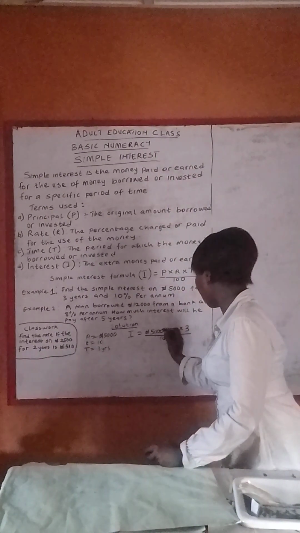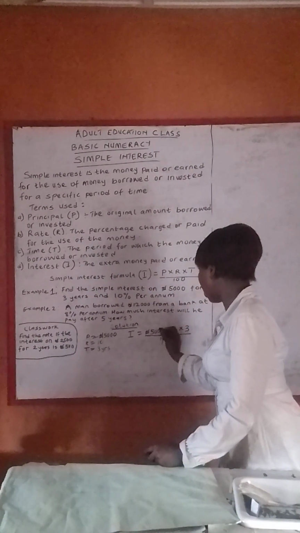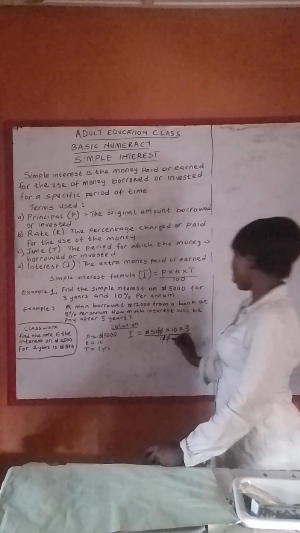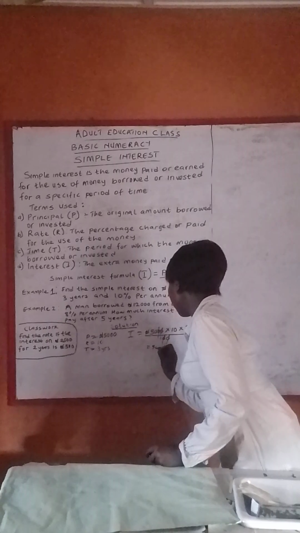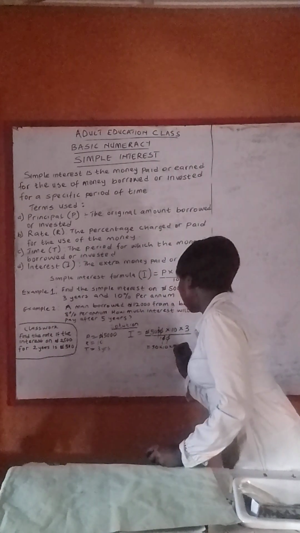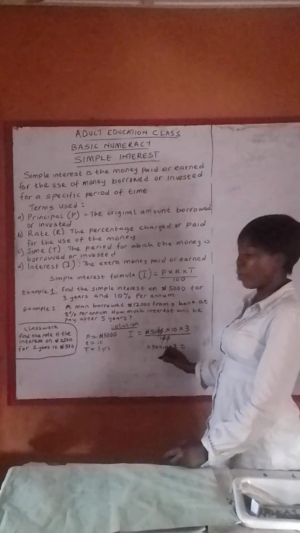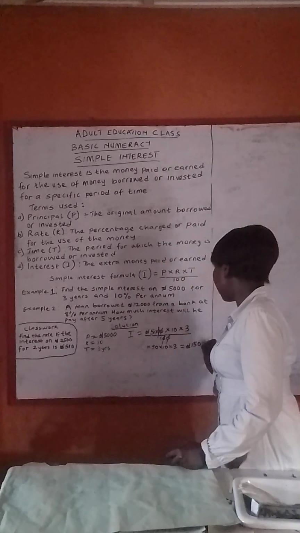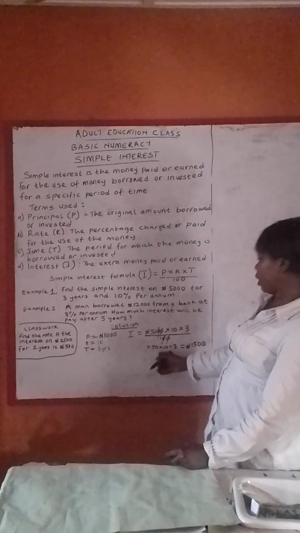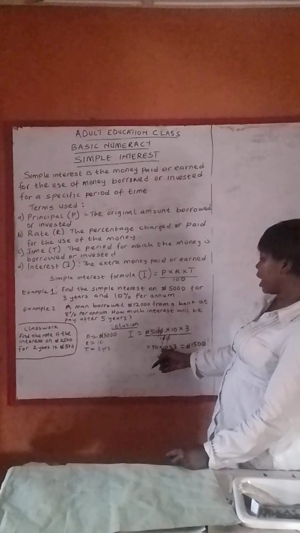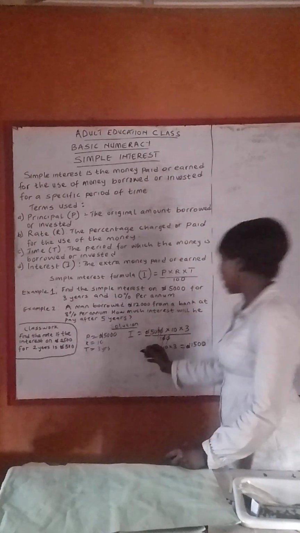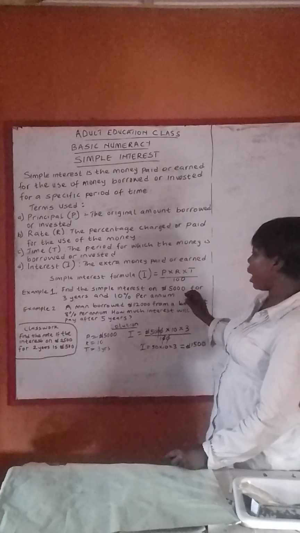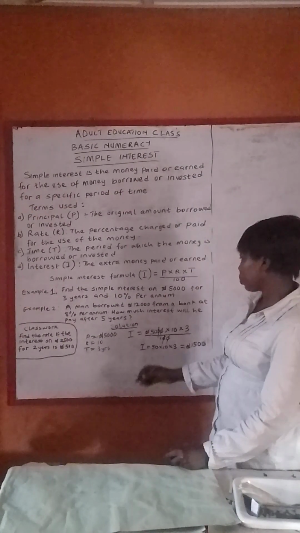So we cancel this one out, and this one we cancel out. We have 50 times 10 times 3. If you do this very well, you are going to get 1,500. 1,500 naira is the simple interest on this particular amount of money.